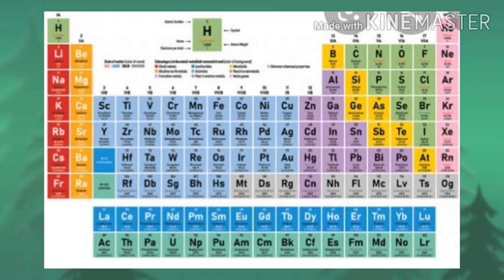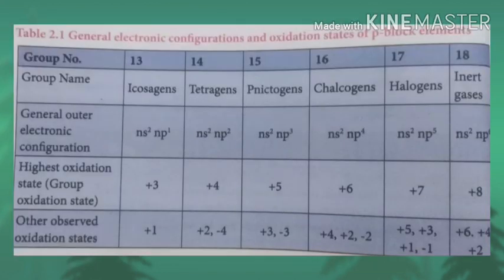Next we are going to study the general properties of P block elements. First we will study the electronic configuration and oxidation state. The P block elements have the general electronic configuration ns2 np1 to 6. Already you know this. The last electron enters into the P block, therefore they are named P block elements.